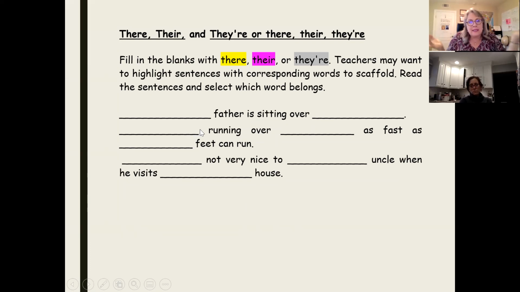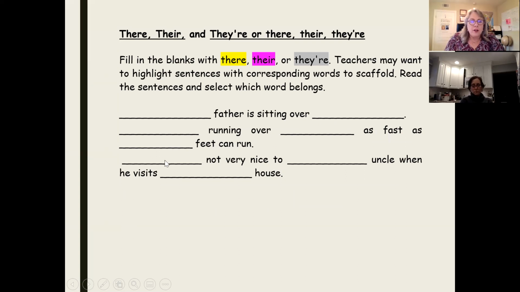So here we have the ing word running, and that needs the linking verb are. But are isn't a choice. However, they are, but the apostrophe re is the correct choice. So they're running over there to a location, so that's when they're going to have the yellow. As fast as their feet can run, they own the feet, so it's the ownership word.